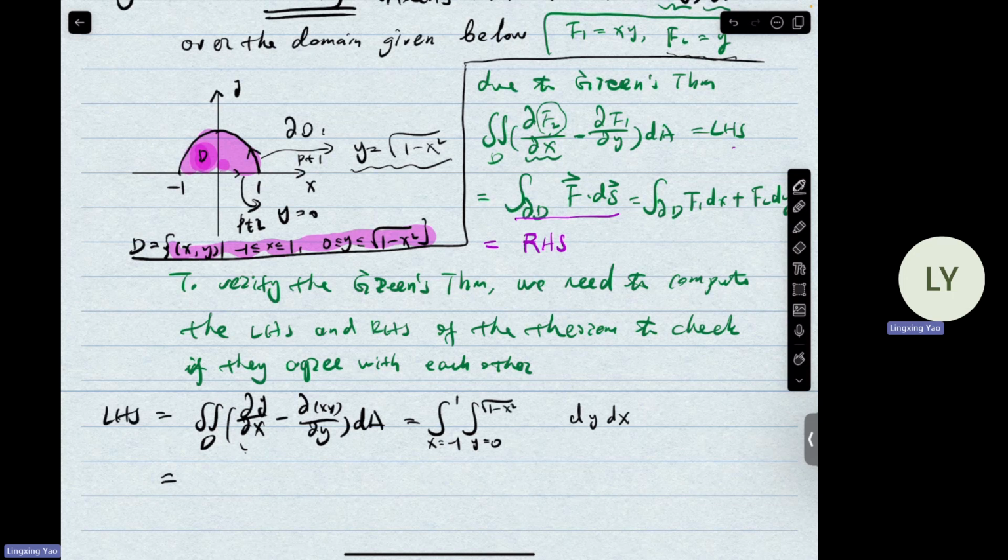The integrand is very easy to compute. What is partial y partial x? It's 0. And partial of x times y with respect to y is x itself. So the integrand is just negative x, I think.